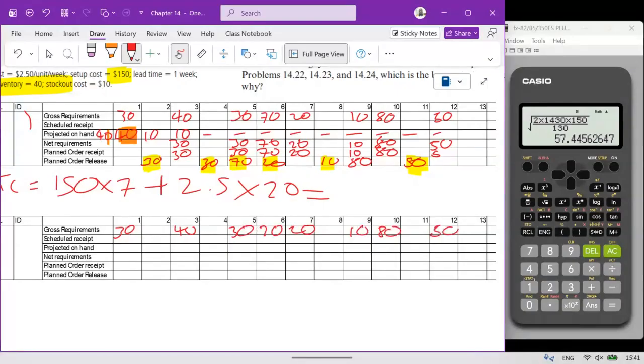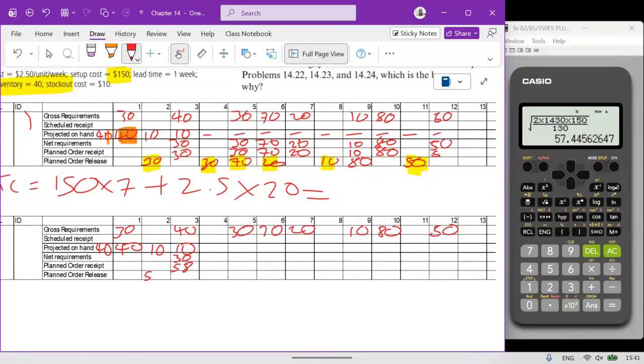Then what we have on hand, we have 40. Then that's your 10 there. Then that 10 minus, it becomes negative 30. Negative 30 is just the net requirement, but we are only supposed to order 58.